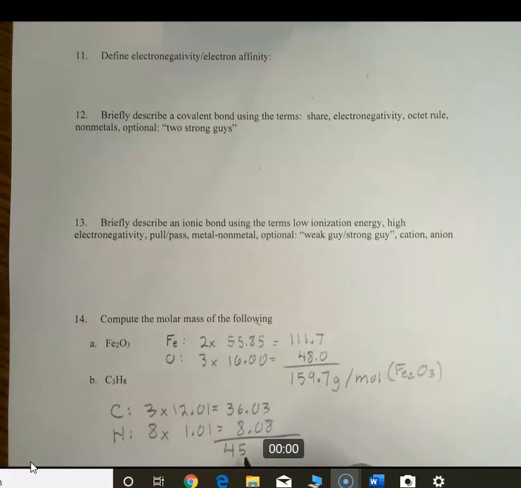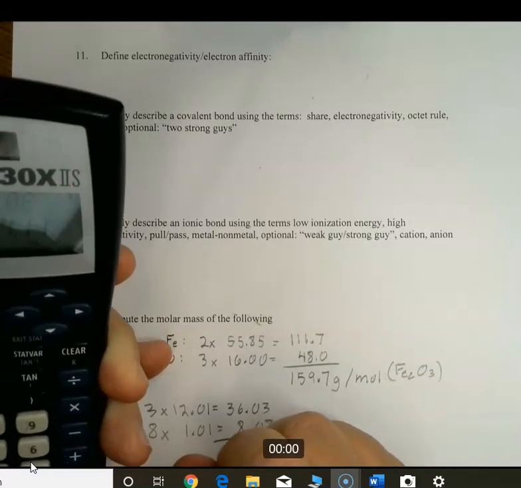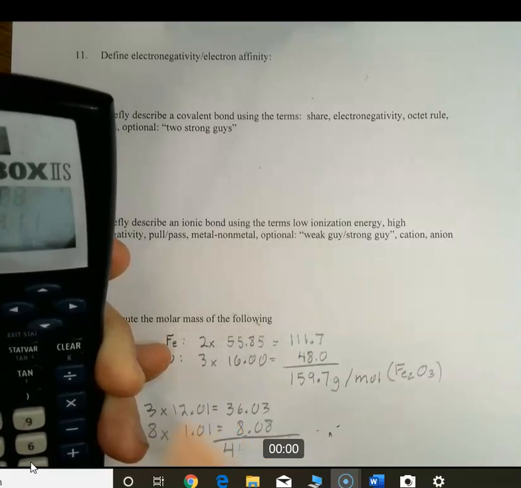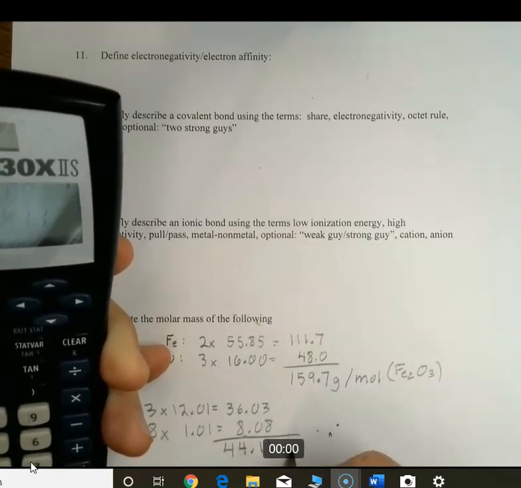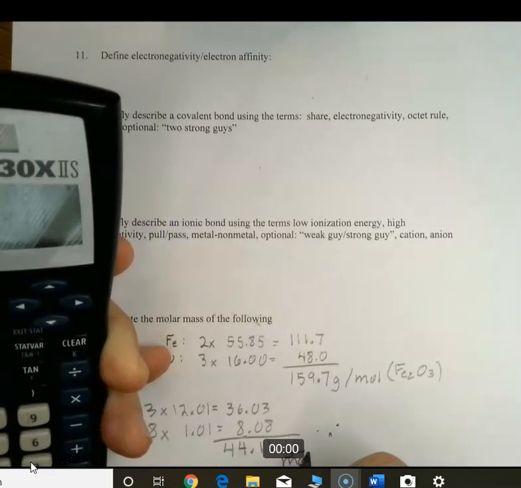Excuse me, 44. Maybe something was wrong with that. 44.11, and it's grams per mole.